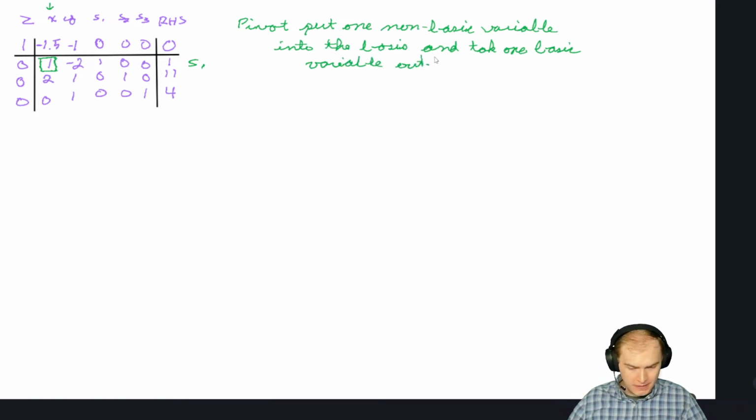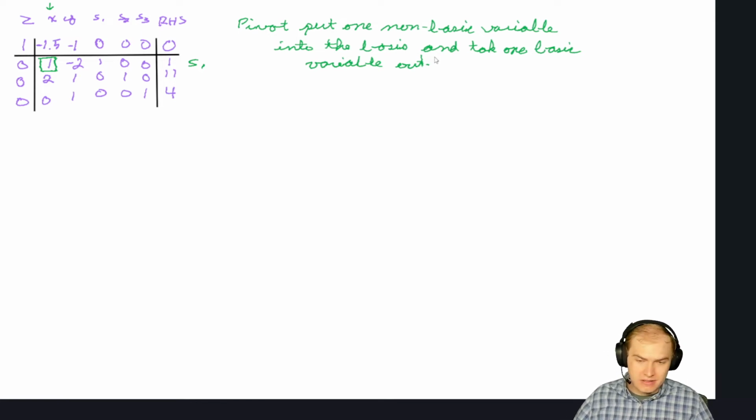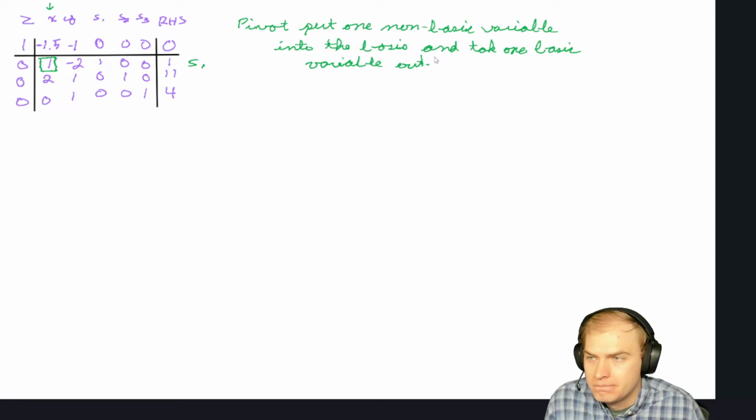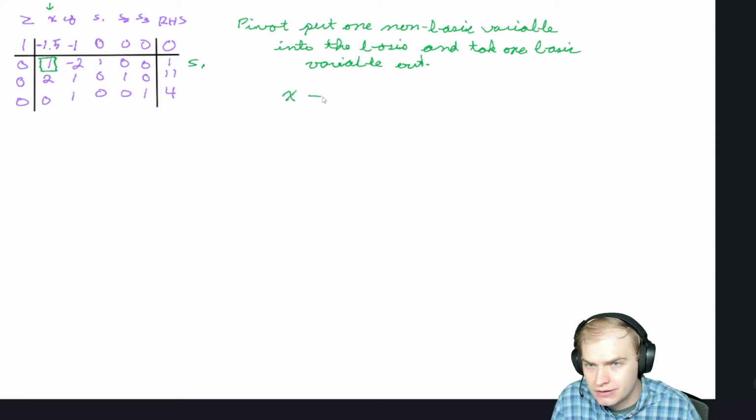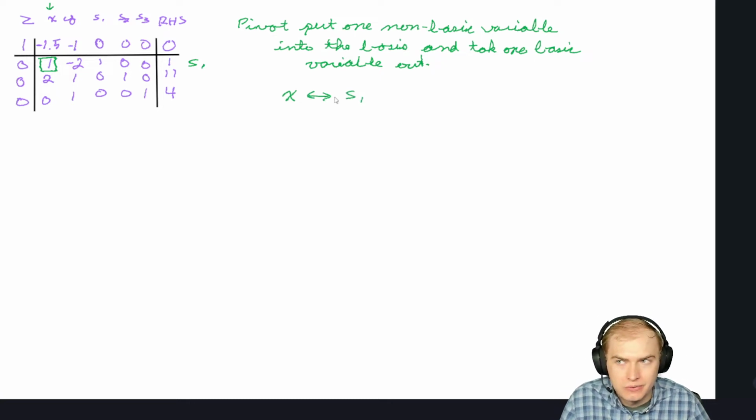So remember that a basis cannot have more than m entries, or in this case, since we have our new z variable, m plus 1, m being the number of constraints. So if we put something into the basis, we need to take something out. So for us, we're putting x into the basis and S1 out of the basis. So we're exchanging x and S1.